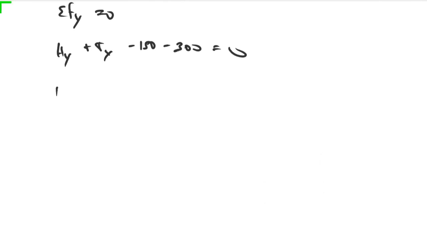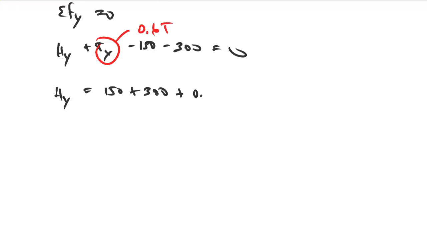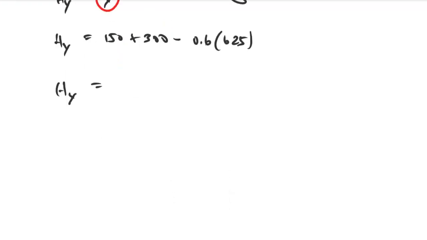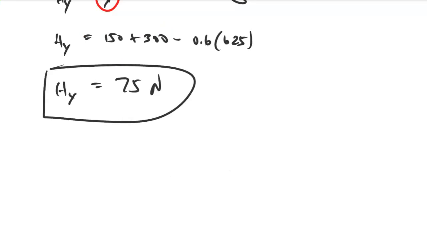And so Hy is equal to 150 plus 300 minus Ty, and remember Ty is T times sine theta, which was 0.6, so minus 0.6 times 625. Oops, sorry, that's actually a minus. And then Hy comes out to 75 newtons. And there you have it.